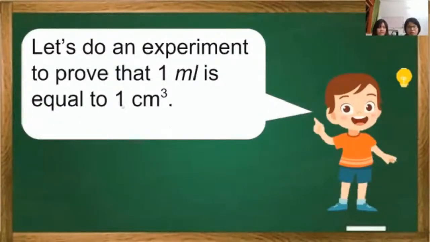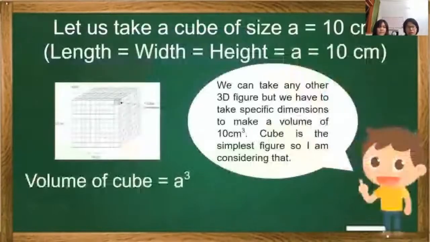If they don't agree, they will also try out this experiment and see whether 1 milliliter is equal to 1 centimeter cube. So now students will do experiments regarding the topic volume, and this is closely related to science.